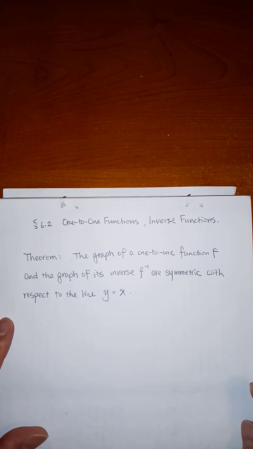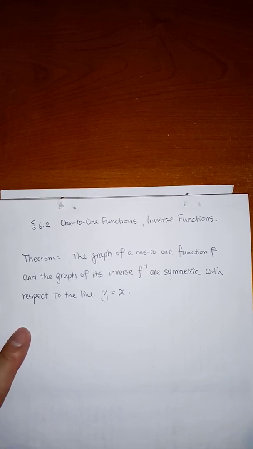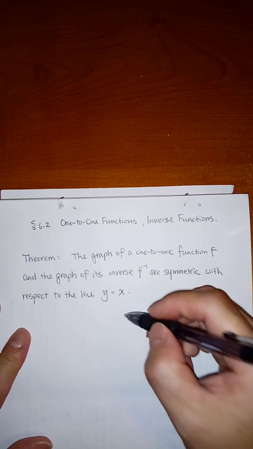So the graph of the one-to-one function and the graph of its inverse are symmetric with respect to the line y equal to x.